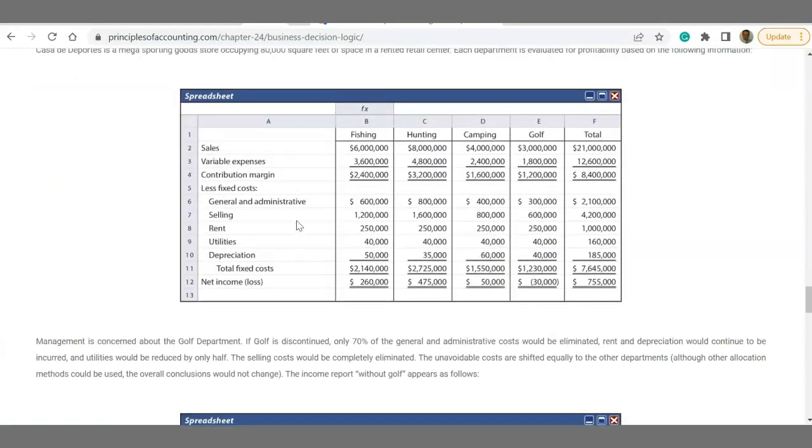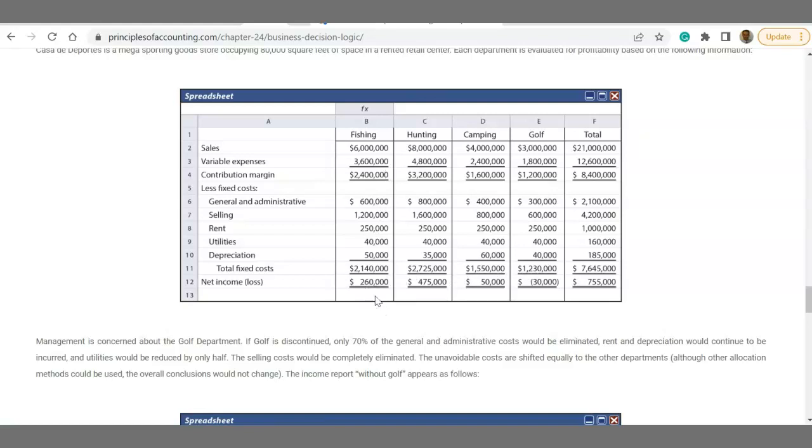Each department is evaluated for profitability based on the following information. So let's look at it a little bit. We have fishing, hunting, camping, golf, and total. Variable expenses are given. Contribution margin for all of them is positive, you see? And then we have fixed costs, those are fixed cost totals.